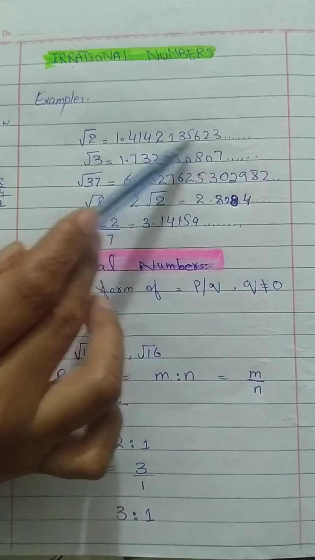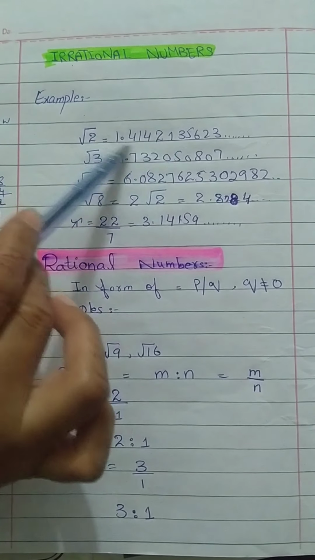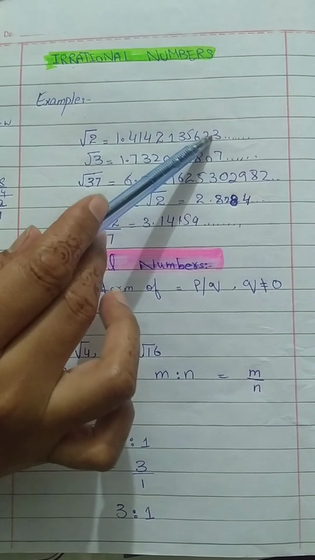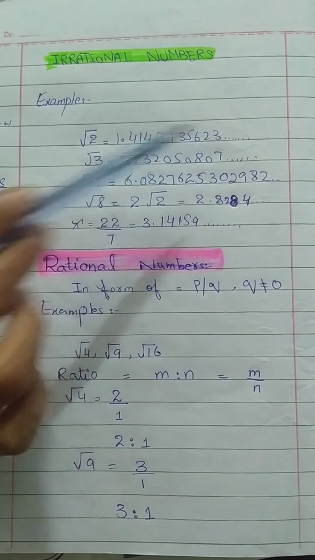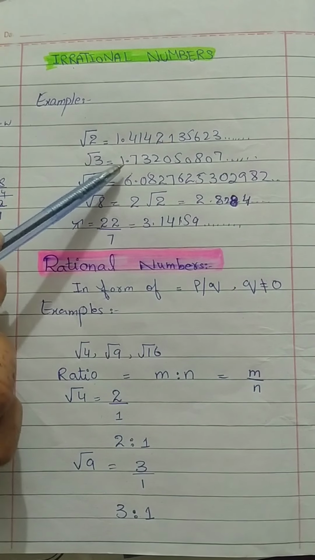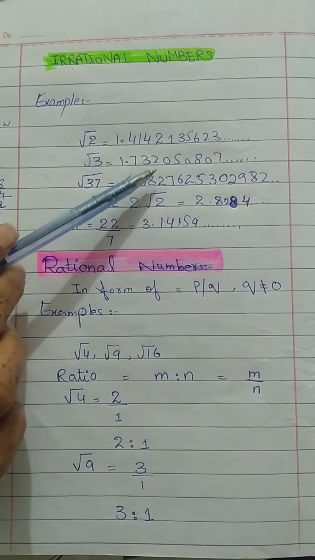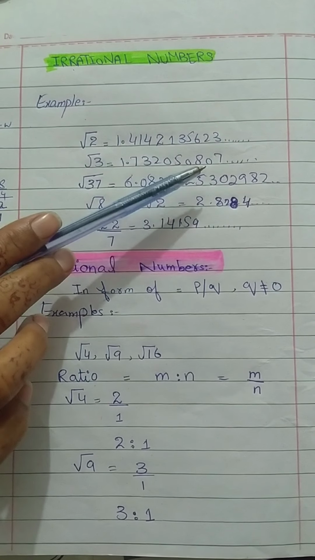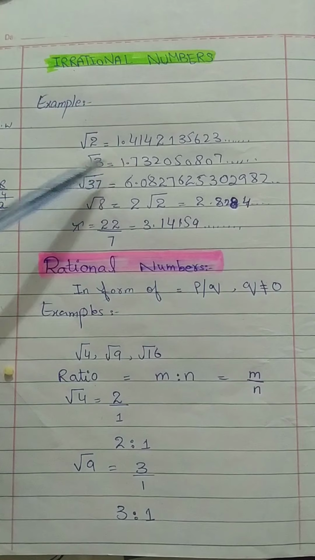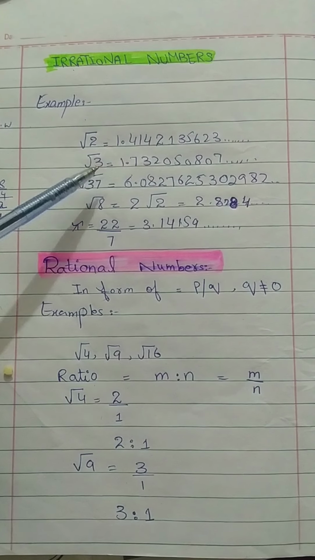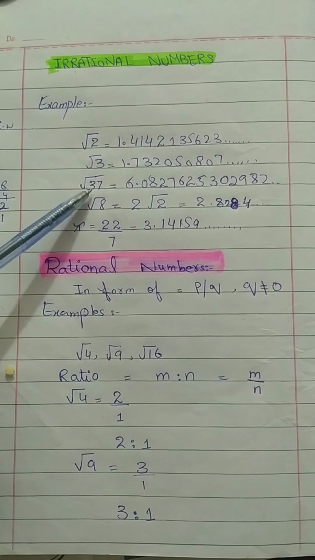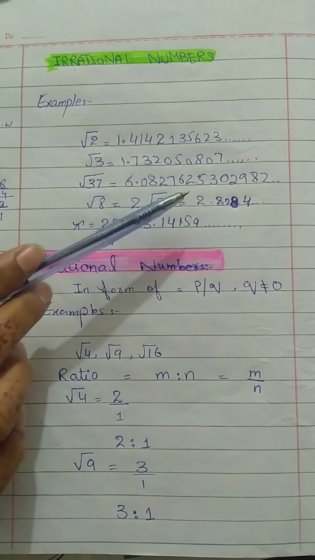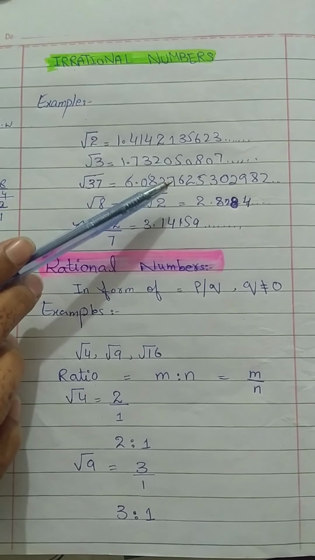It means that this is an irrational number because this is not written in the form of p by q and this is an infinite value. Square root of 3 equals 1.7320500870 and so on. This is also an infinite value and not written in the form of p by q. Square root of 37 is also infinite and not written in the form of p by q.